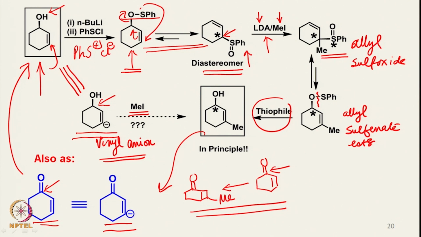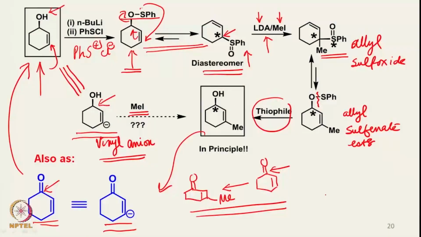Now we will take up some other aspects of this particular reaction later on in the next class, because we can also carry out such reactions in an enantiomeric fashion, particularly when we know that a sulfoxide can exist as enantiomers if the two groups are different, and then of course you have a lone pair of electrons here extra.